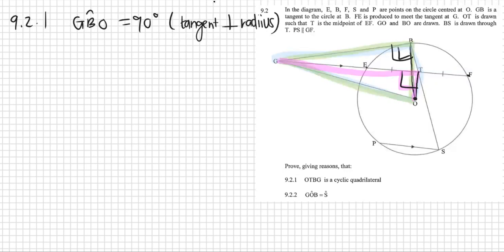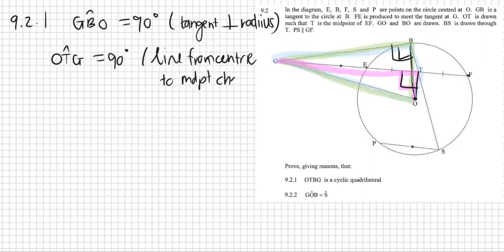Furthermore, we know that OTG is also equal to 90 degrees, and that's because of line from center to midpoint of the chord. Line from center to midpoint chord is at 90 degrees. Therefore, OTG is equal to GBO.